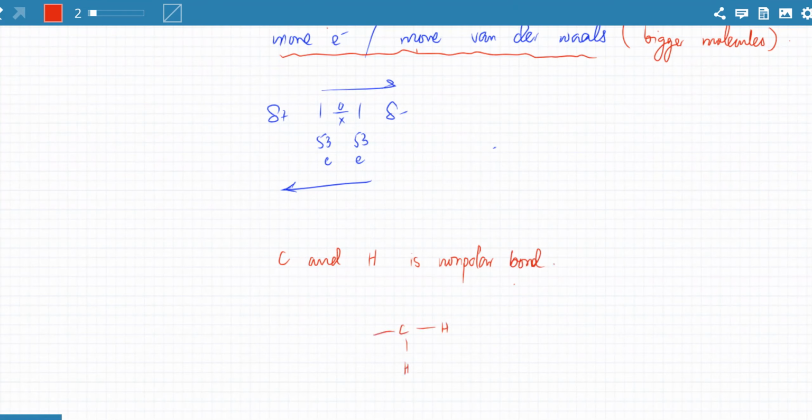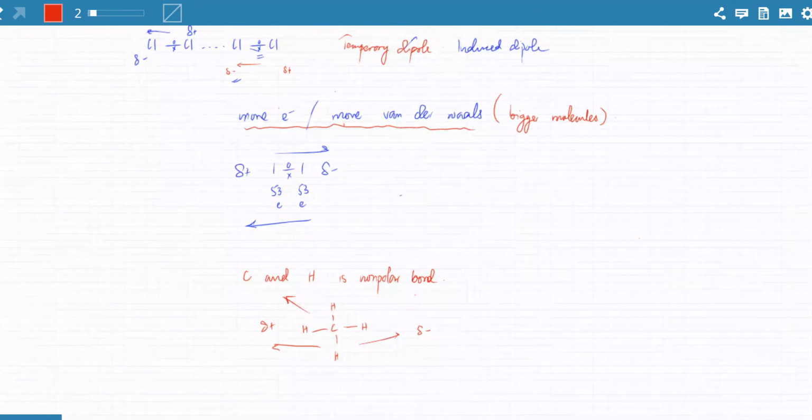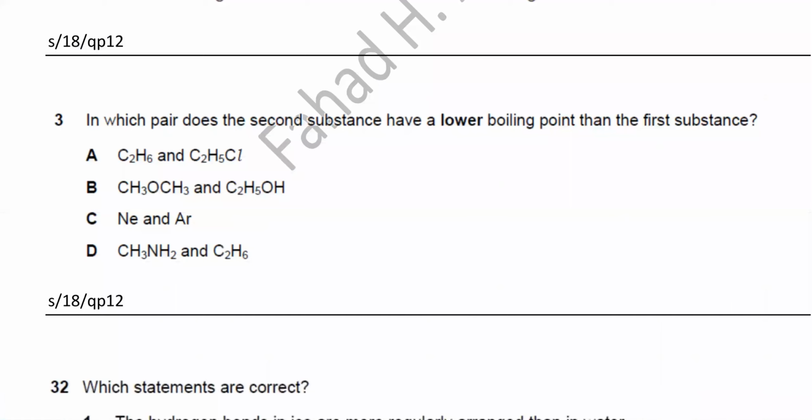They're not going anywhere. So again, it's going to be just a fluctuating temporary dipole. Electrons getting knocked to one side, then maybe getting knocked to the other side. Sometimes this side is negative, this side is positive. Sometimes the other thing happens. So C and H are non-polar, and they would have partial positive, partial negative charges on them. So this is van der Waals forces, right? Is this clear?